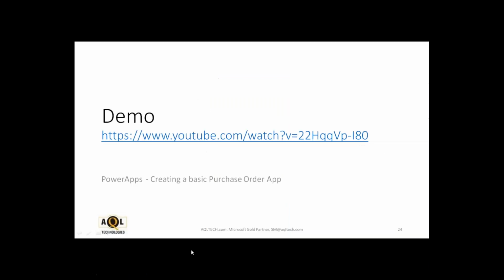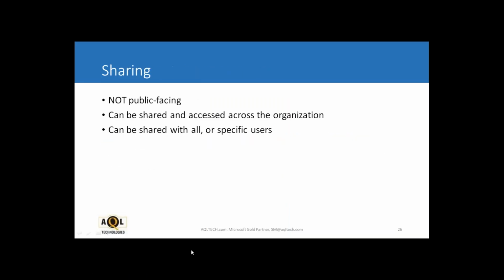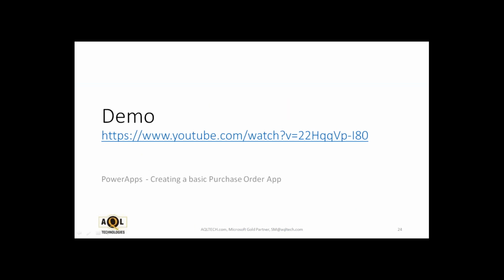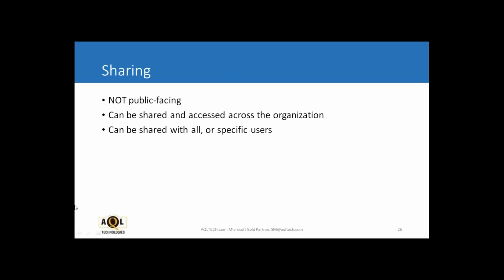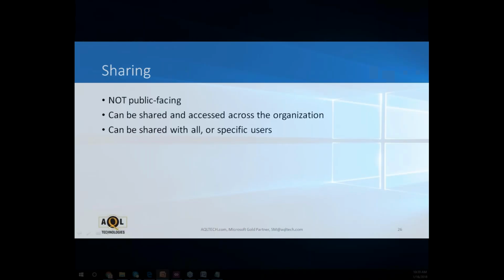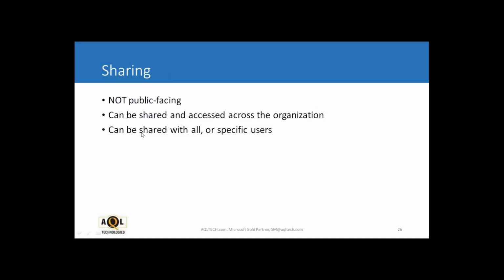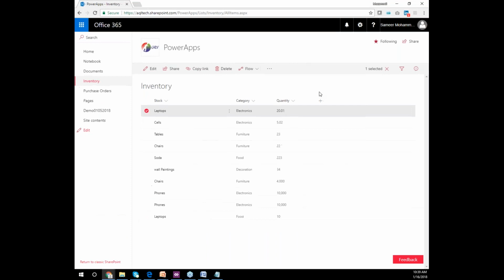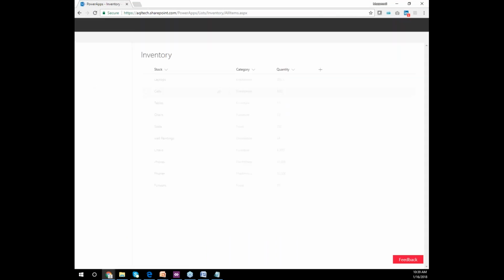Now, let's go over to, hold on a second. Now I'm gonna go ahead and show what I have done to customize my SharePoint list form. And I have a form over here, which is inventory.